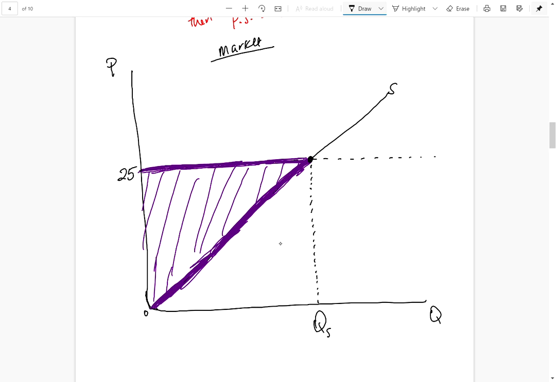yet, which is why when we say that producer surplus is the area between the minimum the producer is willing to accept versus what they actually get, we highlight the fact that for this to be equal to profits, then fixed cost must be 0.